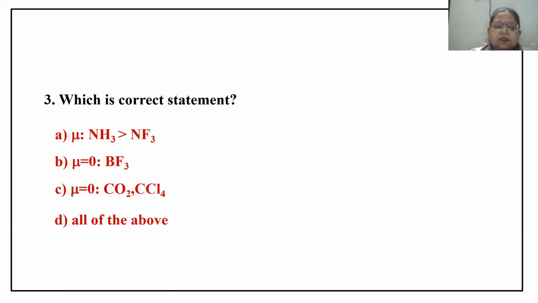Now the last one. This is the last one for this. This is the correct statement. Mu, as I told you, is a symbol of dipole moment. I think we have discussed all of the molecules here just now. Take a deep breath, spend 2 minutes.